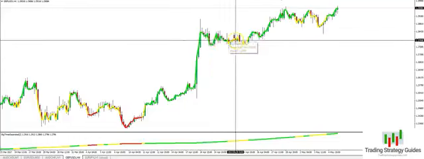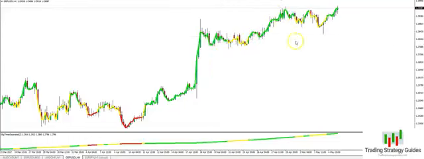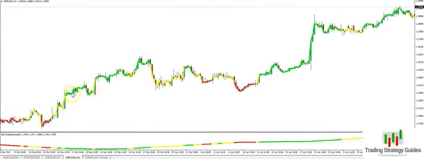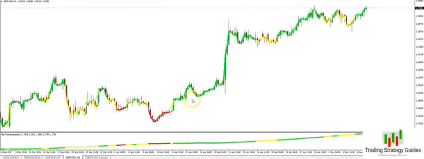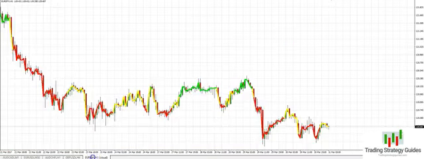And it kept going right here for another about 120 pips. So it's an exciting new indicator that we have developed. We can't wait to launch it and see what everybody thinks. And with that being said, let's take a look at a real live example.